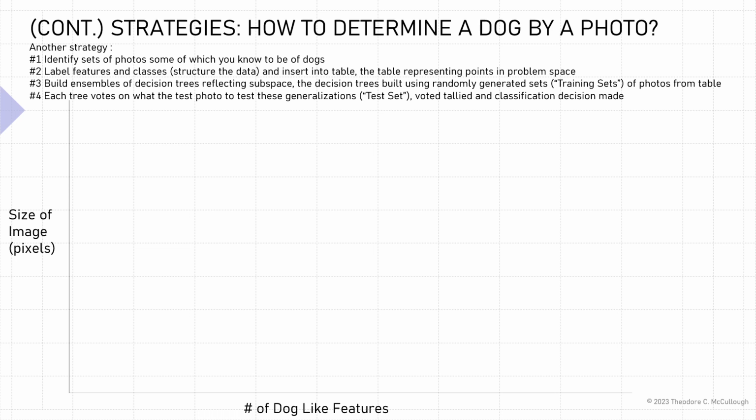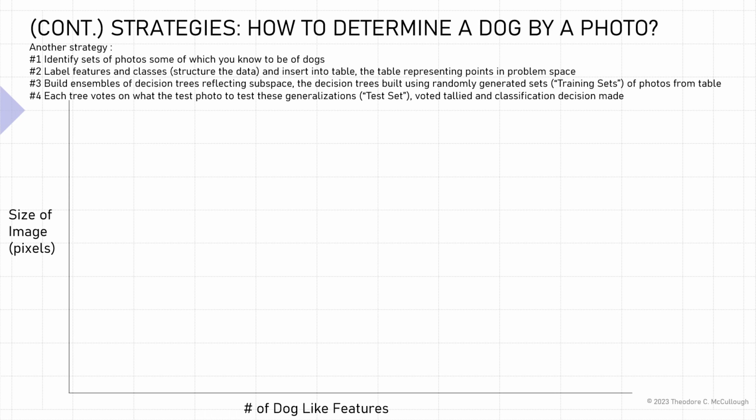These decision trees are built using randomly generated sets of data. We'll call this the training set. And then finally, for determining whether or not a photo is that of a dog, you have each one of the decision trees effectively vote on whether the test photo or the test set is that of a dog or not.